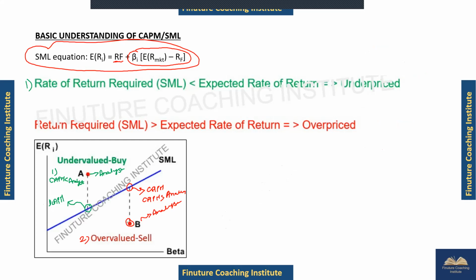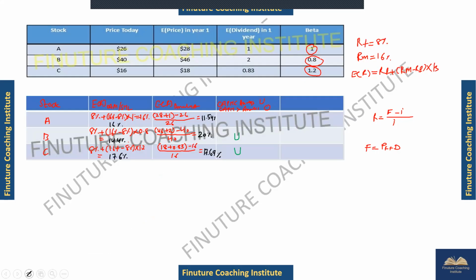SML is predicting high and the analyst is predicting less, so this is an overvalued security. This one is overpriced. So your stock A is overpriced and B and C are underpriced.